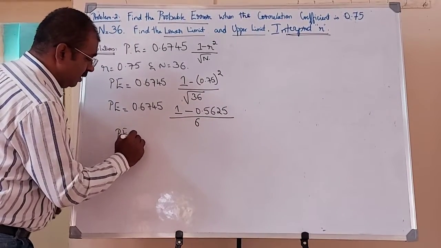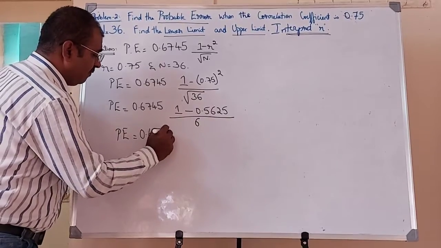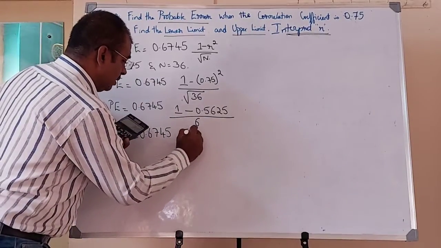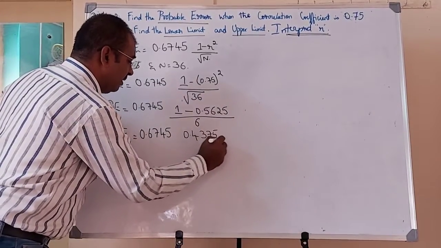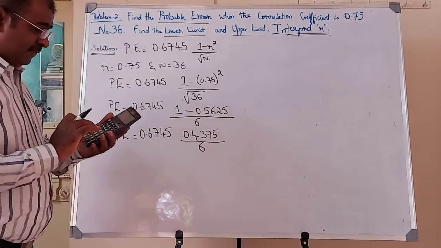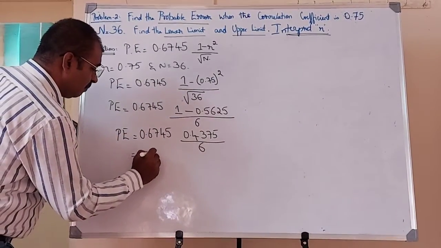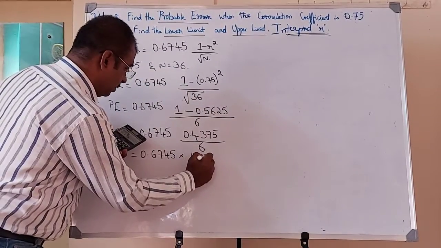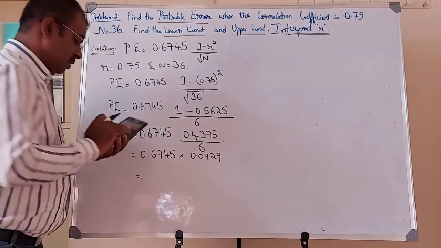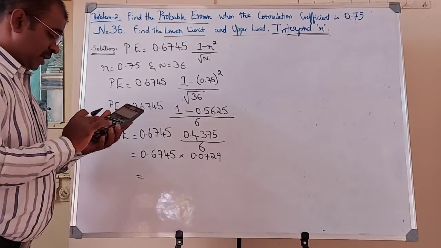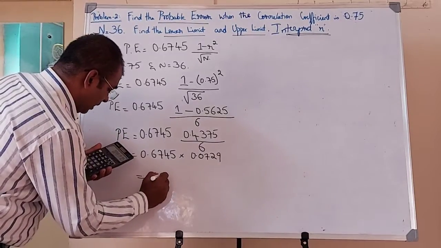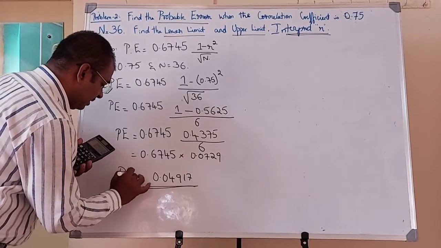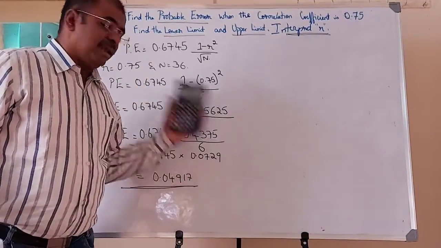So probable error is equal to 0.6745 into 1 minus 0.5625, which is 0.4375, divided by 6, that is equal to 0.6745 into 0.0729. So the probable error is 0.049. This is the probable error.